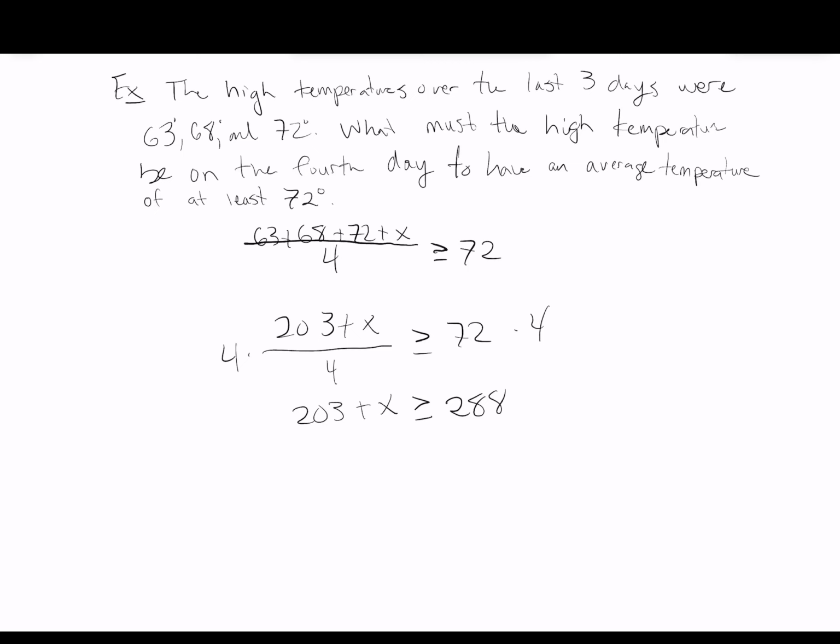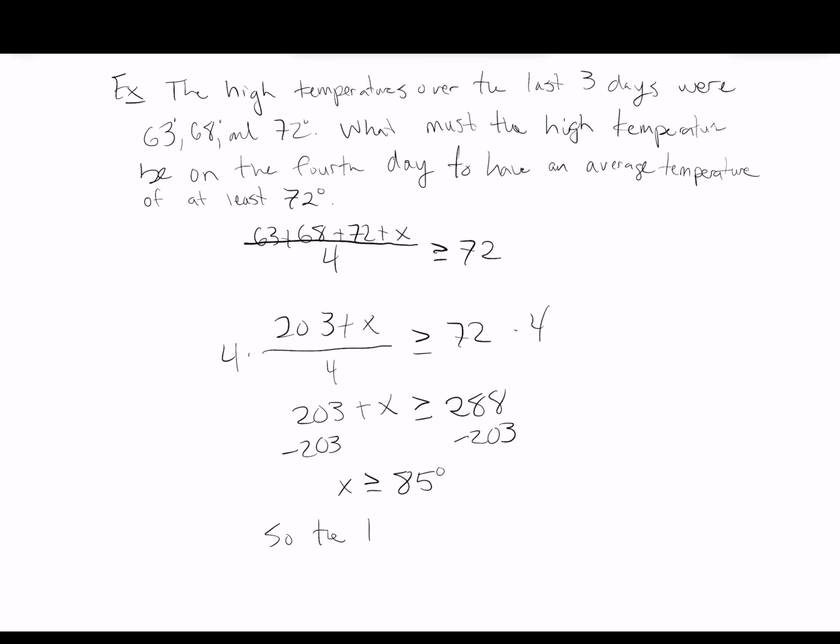So 203 plus x is greater than or equal to 288, and then we subtract 203 from both sides, and we get x is greater than or equal to 85. So the only way that our average temperature over those 4 days can be 72 is for us to have a temperature on the 4th day of at least 85 degrees.